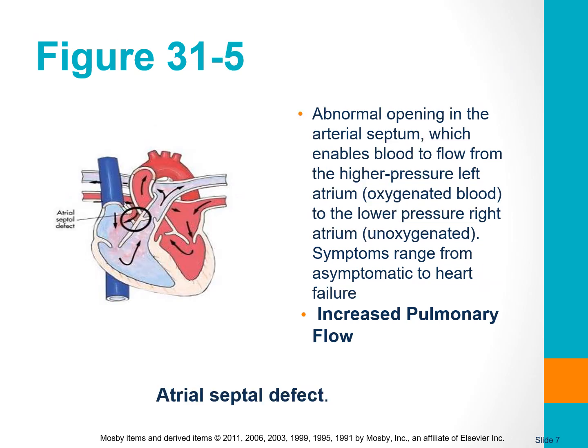Okay, and what is an atrial septal defect? This one is a little more simple to understand. It is an abnormal opening in the atrial septum, the wall between the two atria. This allows blood flow to go from the higher pressure side, the left side, to the lower pressure right side. Symptoms range from asymptomatic to heart failure.